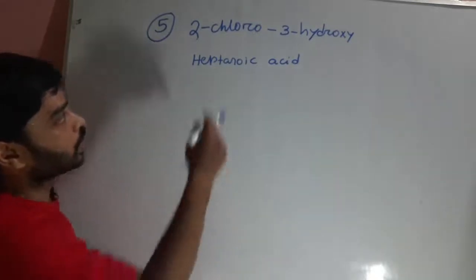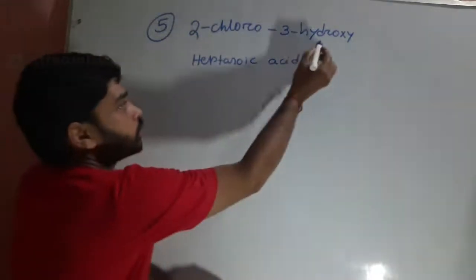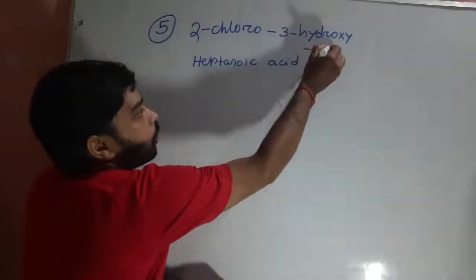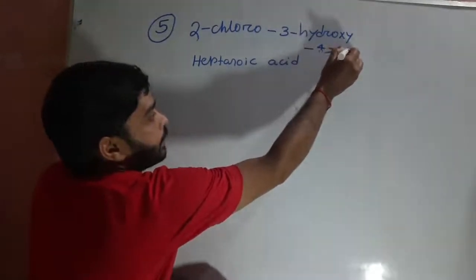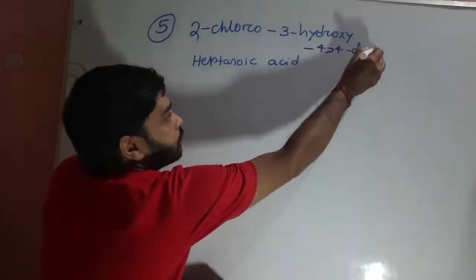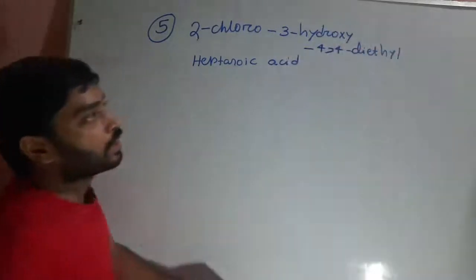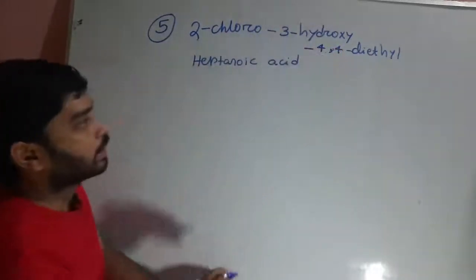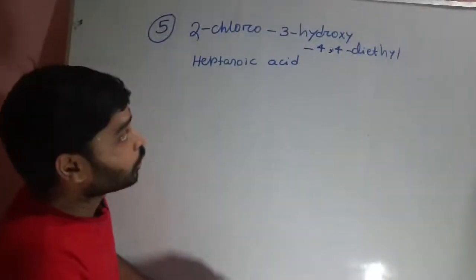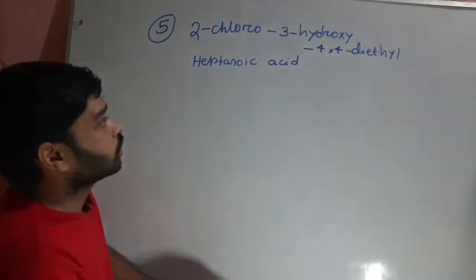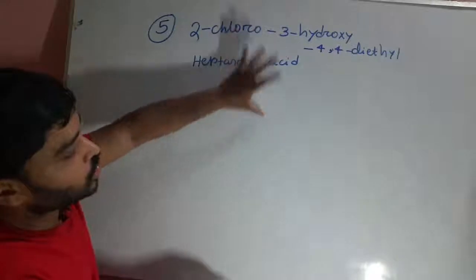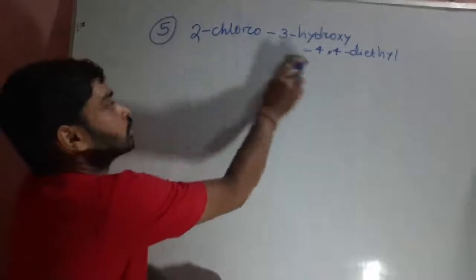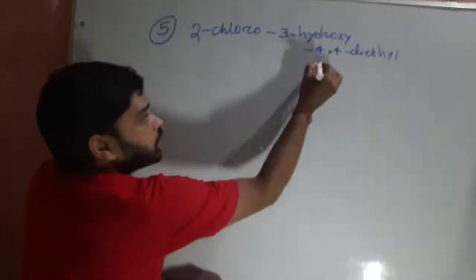So also I am placing some more substitution groups, 2 chloro, 3 hydroxy, 4 diethyl, heptanoic acid. In this case, first you should try the answer, that means the structure of the organic compound from the given IUPAC name. After that, I will give you the correct sequence to answer the question.